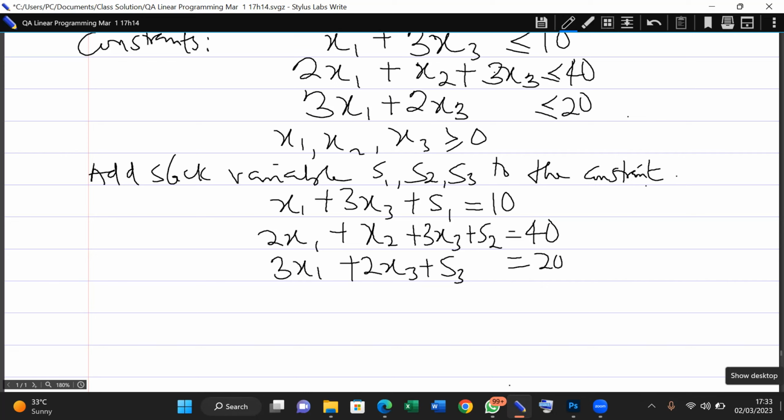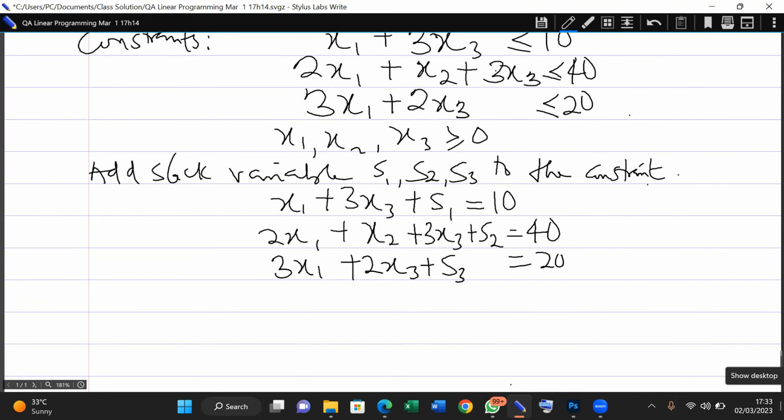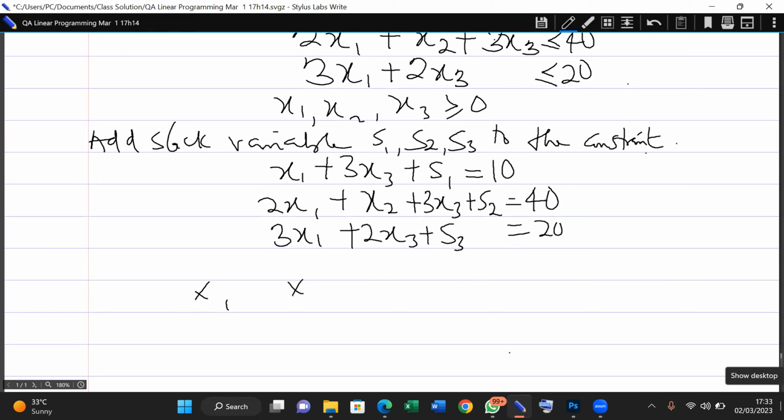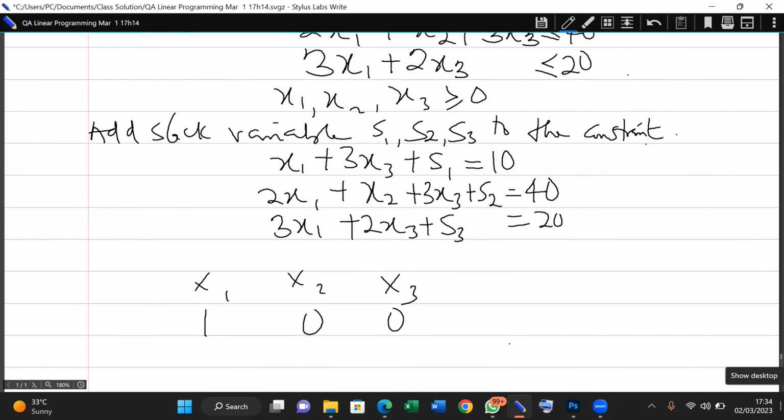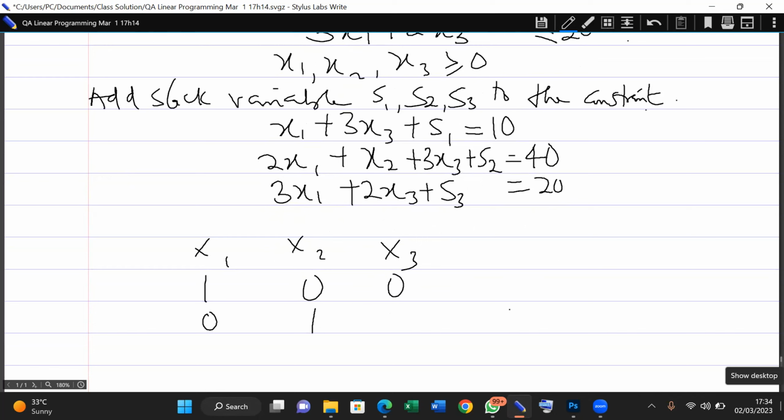Now, how many products do we have? We have 3 products, right? x1, x2, x3. Under the first one, you will have 1, 0, 0 for the slack. Under the second one, you will have 0, 1, 0 for the slack.